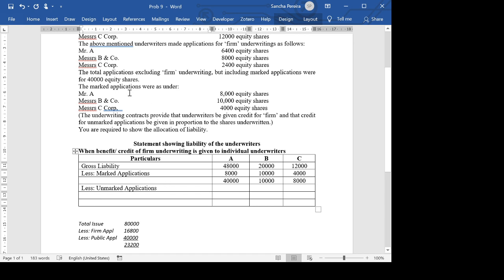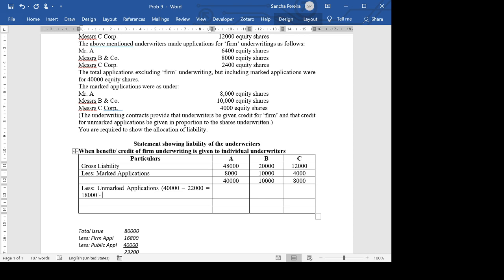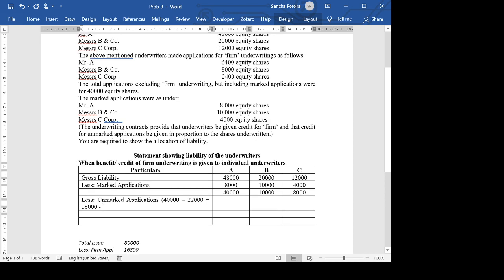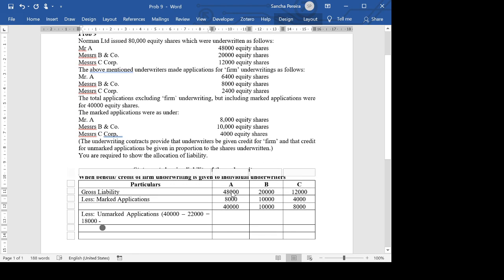So unmarked applications will be, the total applications are 40,000. I will do the calculation here itself. Minus the marked. So the marked are 8 plus 10 plus 4, which comes to 22. So the unmarked applications are equal to 18,000, which has to be divided in the ratio of, they've said, unmarked applications be given in proportion to the shares underwritten. Shares underwritten are here, 48,000, 20,000 and 12,000. Now we need to find this ratio.